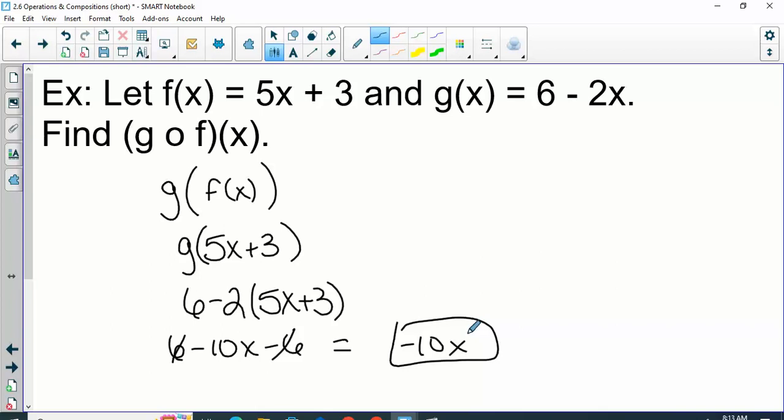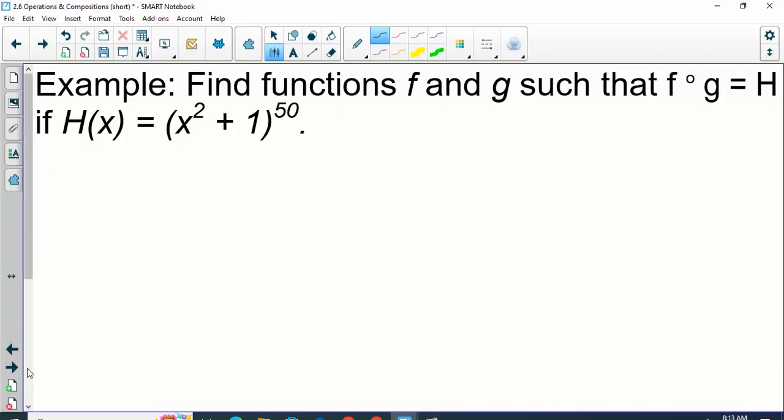Okay. The next question. It's asking something very similar, but essentially in reverse. I am giving you the answer to a composition. So H is the function I got when I composed them.